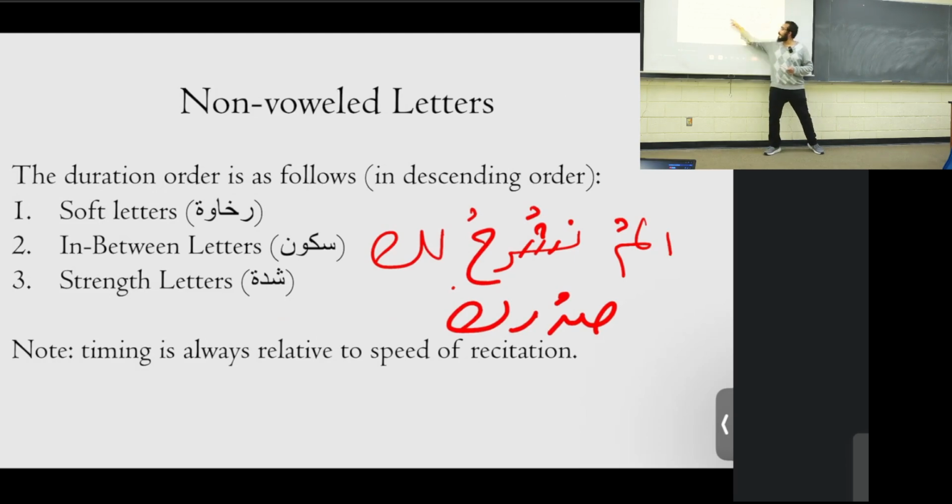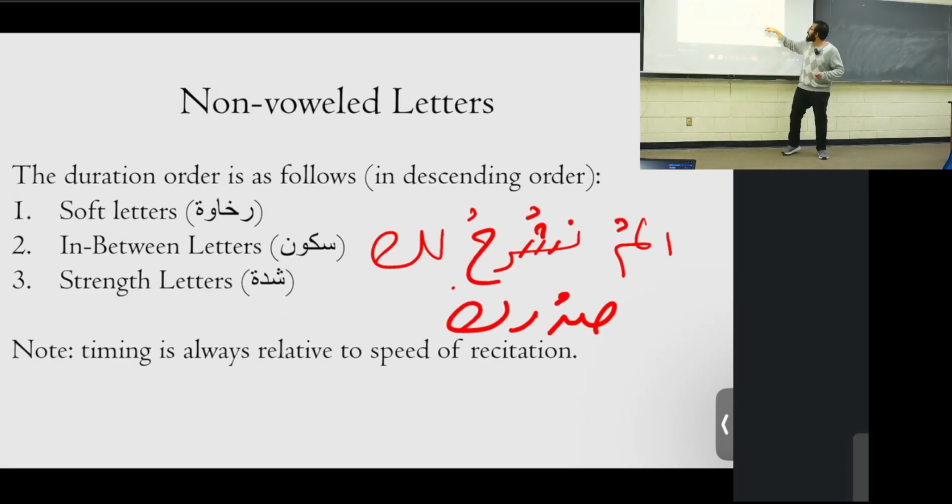Is mim in between, or is it a shidda letter, or is it a soft letter? Who says soft? Who says in between? Who says shidda? So mim is an in-between letter. Why? Because you close the mouth and the nose comes in with the sound, okay?